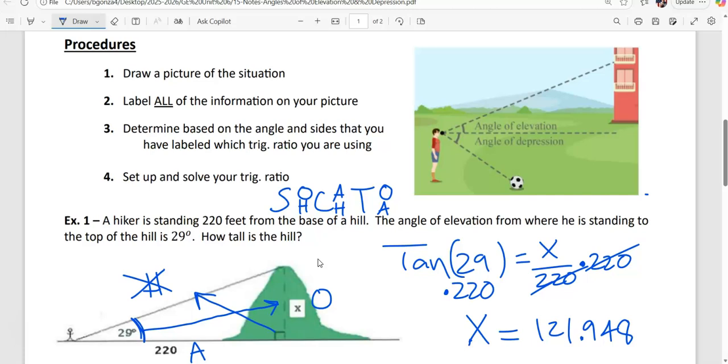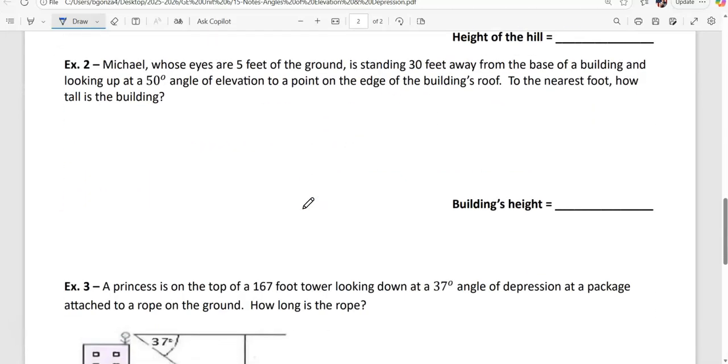All right. Is everyone good for the back? Okay, flip it over. All right, so on the back, example 2.